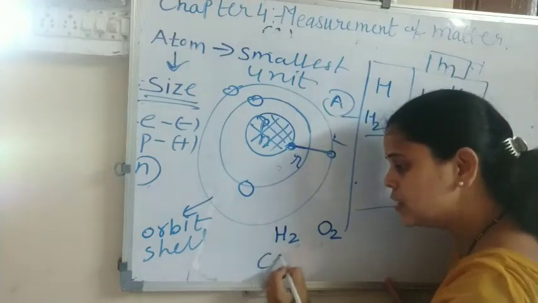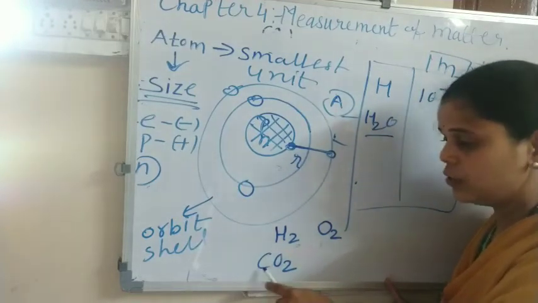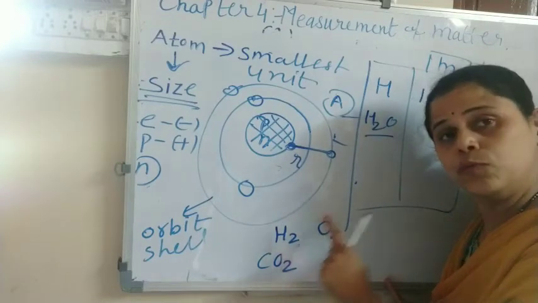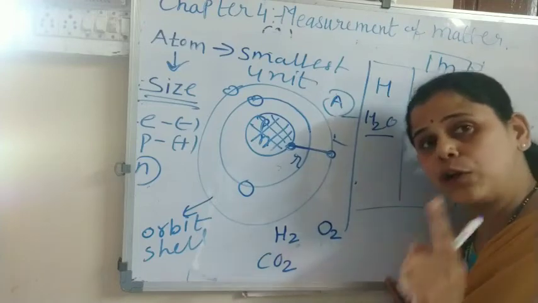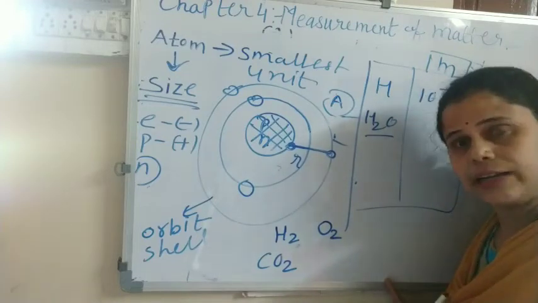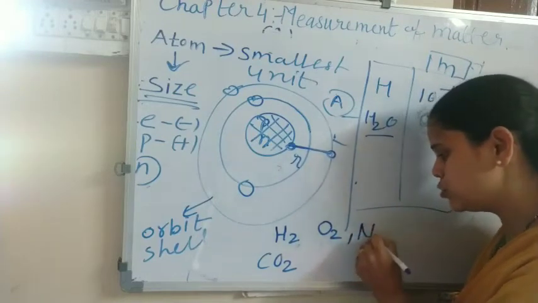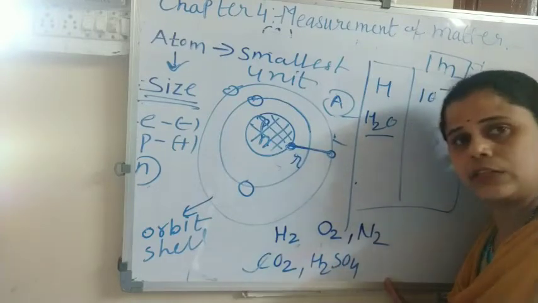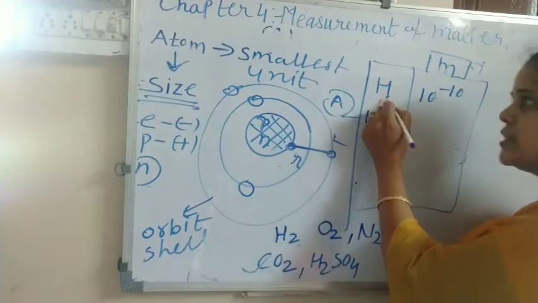For example, CO2, carbon dioxide: one carbon atom and two oxygen atoms. H2 is a molecule of the same atoms, as are O2 and N2, then H2SO4. So these are the molecules, it's clear. And this is an atom.